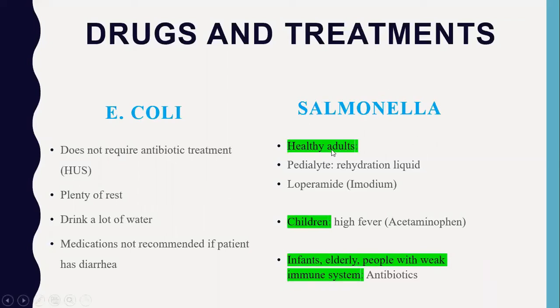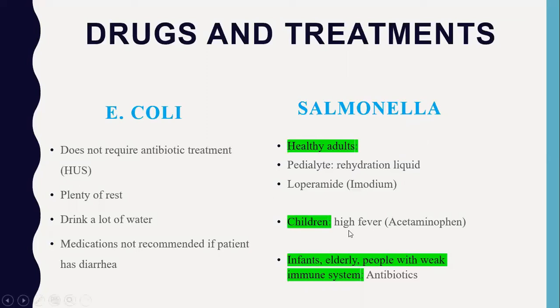Then we have salmonella. For healthy adults with diarrhea, it is recommended to drink water and fluids. There's a rehydration liquid called Pedialyte, and there's also a medication called loperamide, which is only recommended if diarrhea is severe.